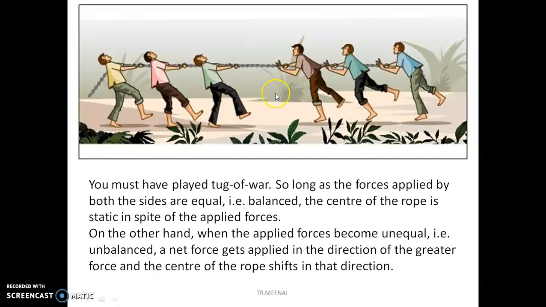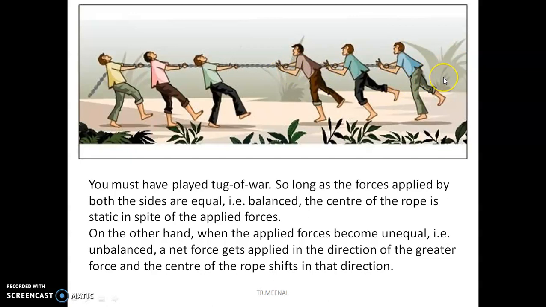If we apply equal amount of force from both sides, the center remains static. On the other hand, when the applied forces become unequal, that is unbalanced, a net force gets applied in the direction of greater force and the center of the rope shifts in that direction.